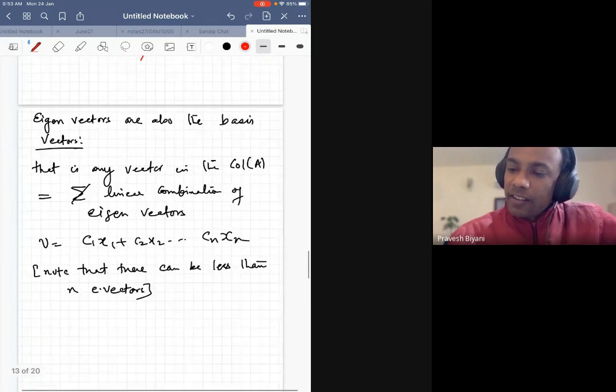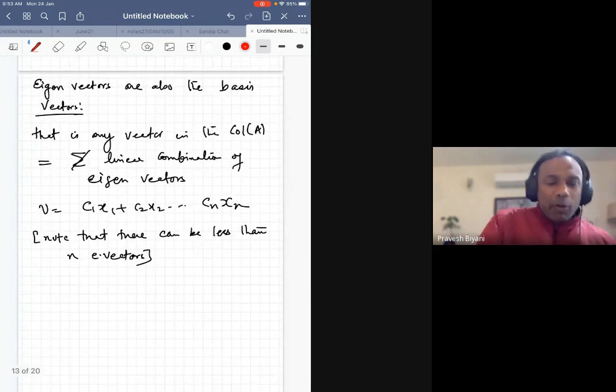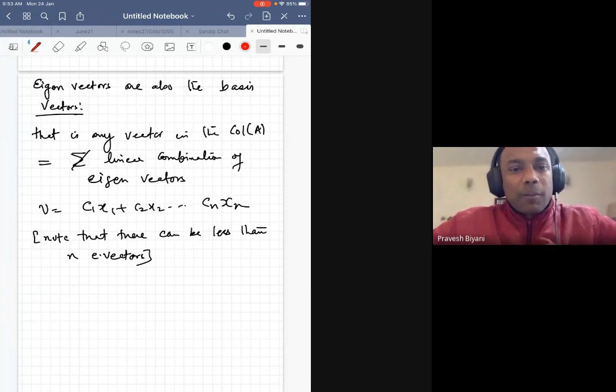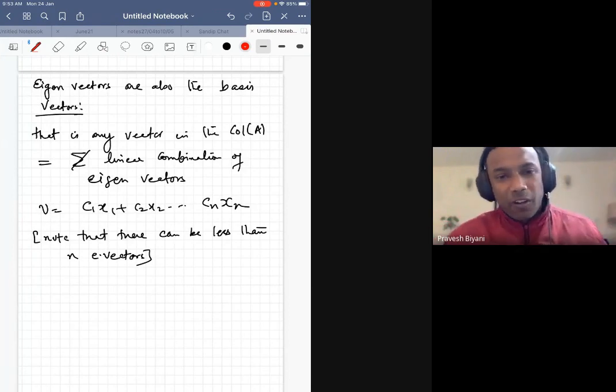Now, the second most important thing about eigenvectors is that these eigenvectors are also basis vectors. If you recall, we had seen two bases now. We had seen the column space, and we have seen that the column space can be represented by the canonical basis.